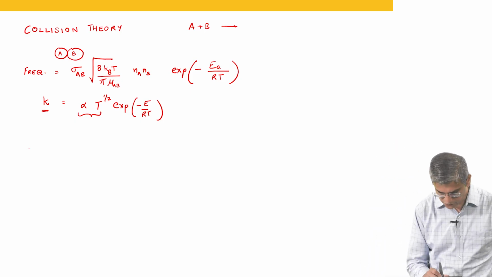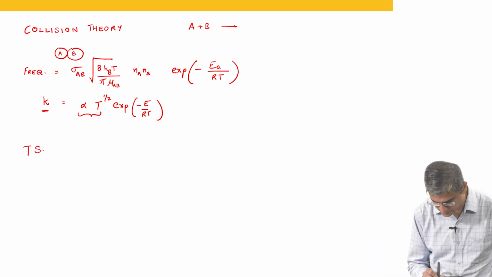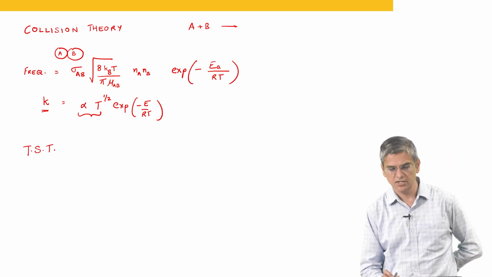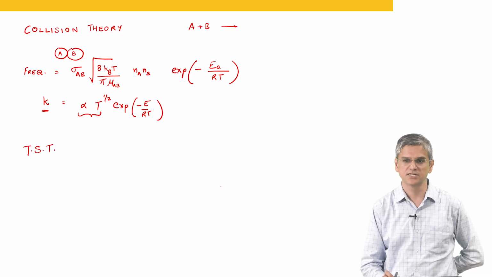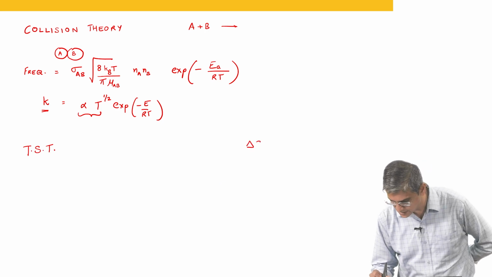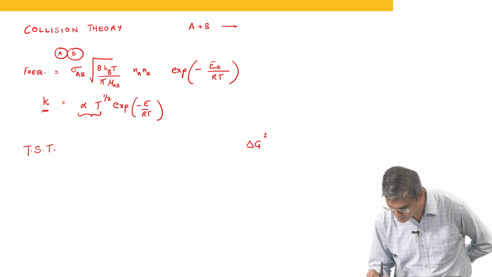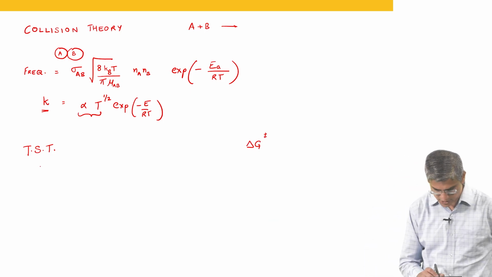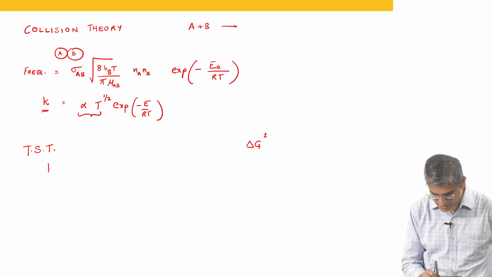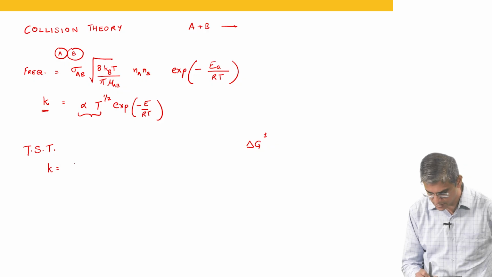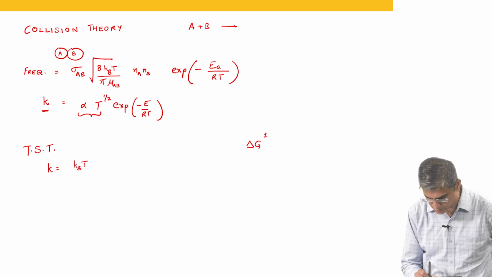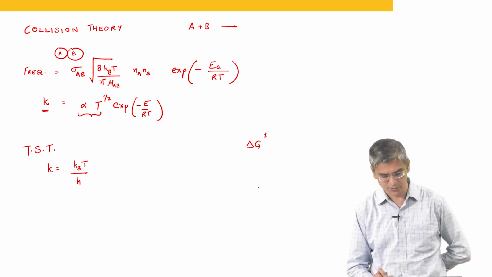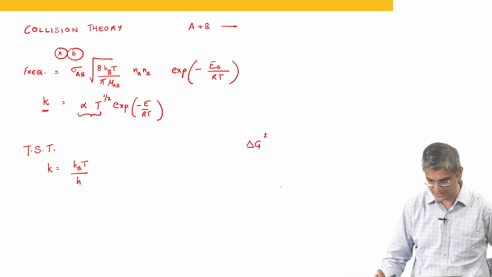Okay. If you look at transition state theory, which comes from statistical mechanics, that is where the delta G dagger I had talked about. According to transition state theory, the rate constant k is given by kBT divided by h, where kB is your Boltzmann constant and h is your Planck's constant.